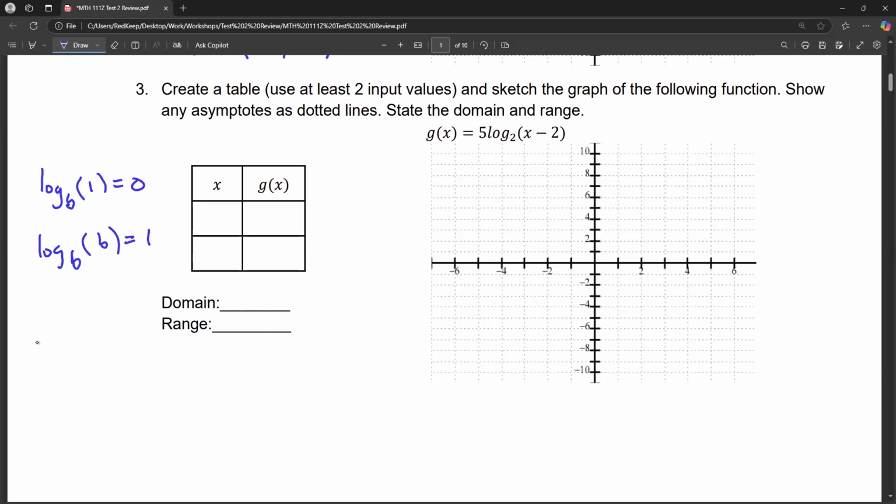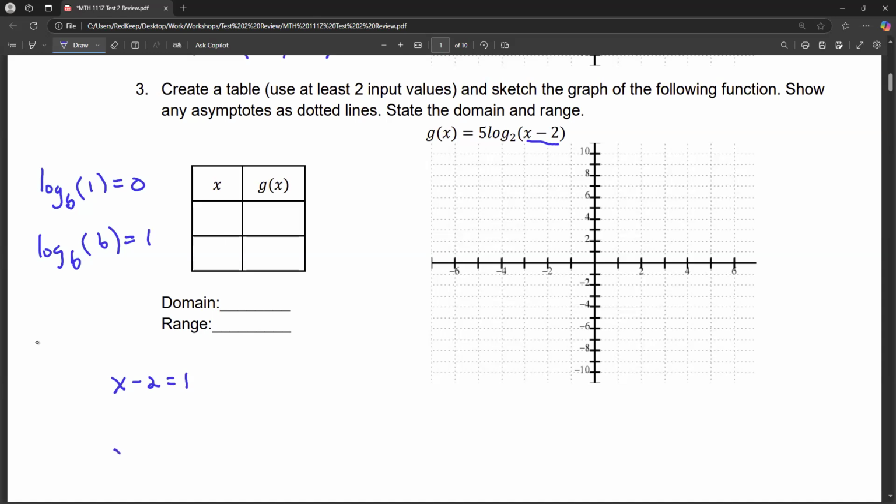Okay, so if we use these as our guiding light for the selection of our points, we see that in our function, the argument, the thing inside of the logarithm, is x minus 2. So my goal for the choice of my first point would be to choose an x value such that x minus 2 would be equal to 1. So I could apply that first rule.